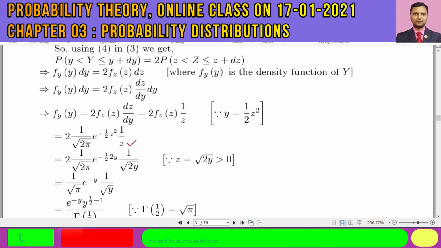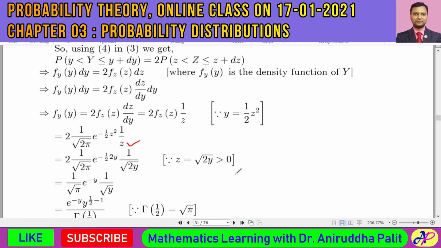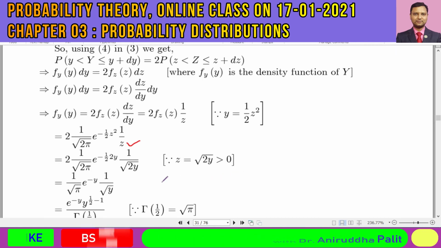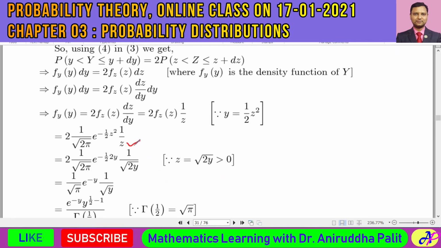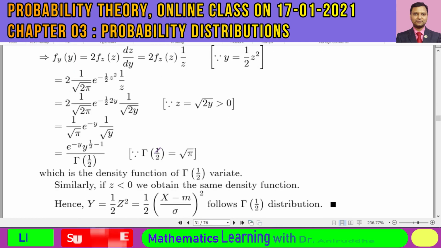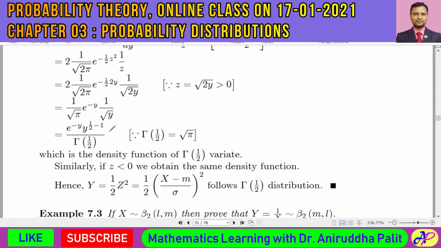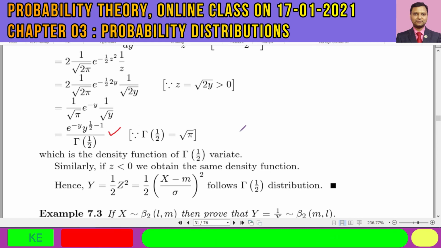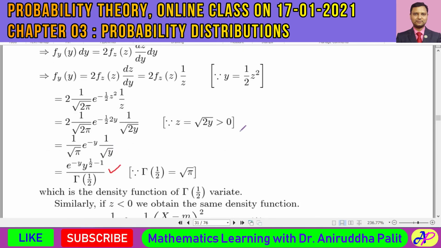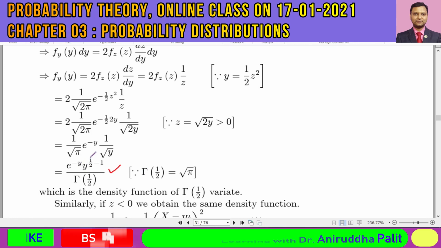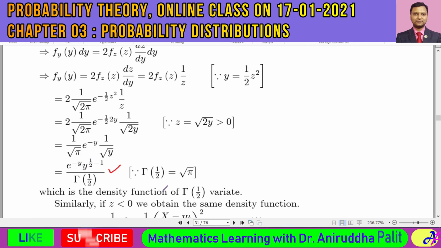So in place of z, we put root over 2y, and after manipulation, what we find is that we get the density function of y in this fashion: e to the power of minus y, y to the power of half minus 1, divided by gamma half.